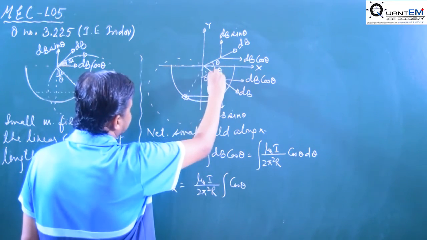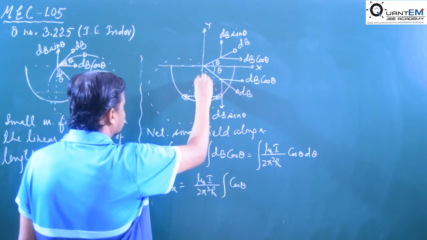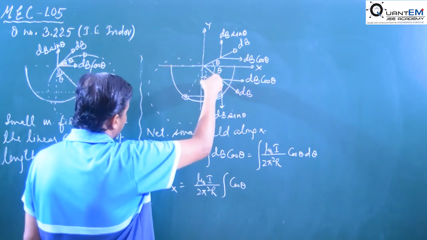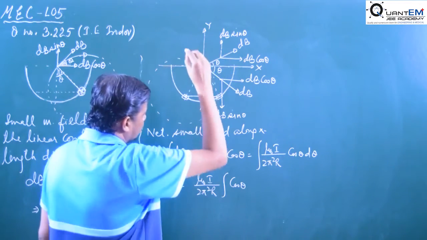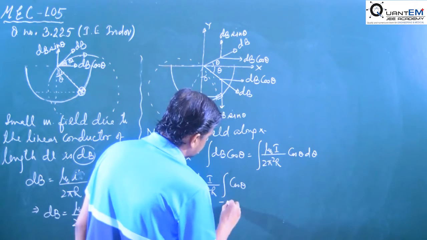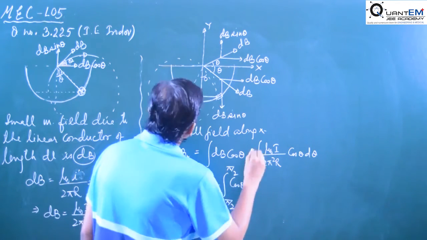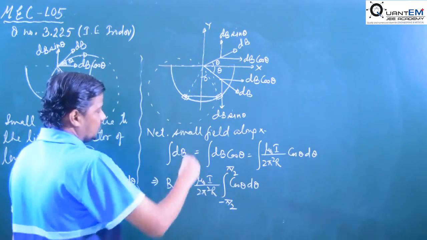So from here to here it is supposed minus pi by 2, then here to here it will be pi by 2, or if you integrate from this side, if it is minus pi by 2, then it is from 0 to pi by 2. So it should be integrated from minus pi by 2 to pi by 2. Okay, the semicircular part will be covered.